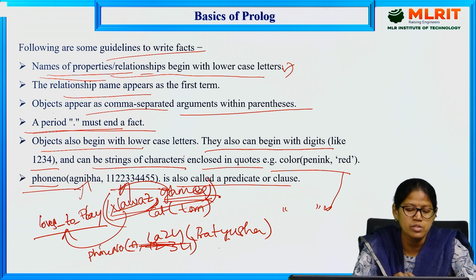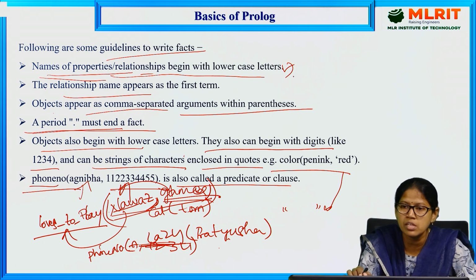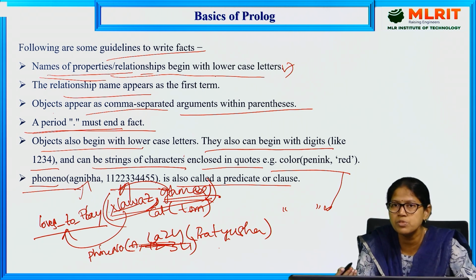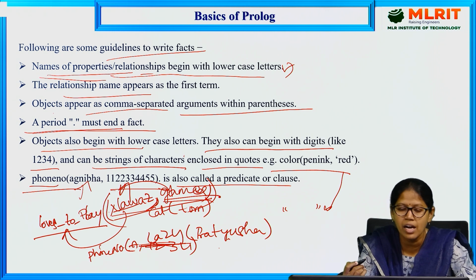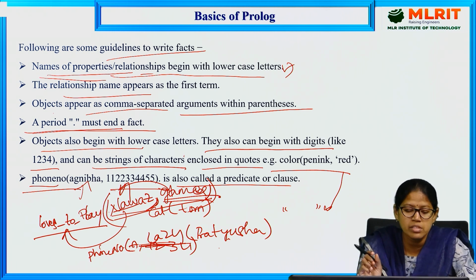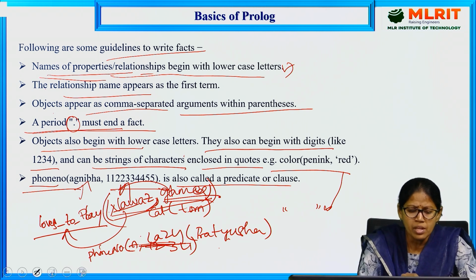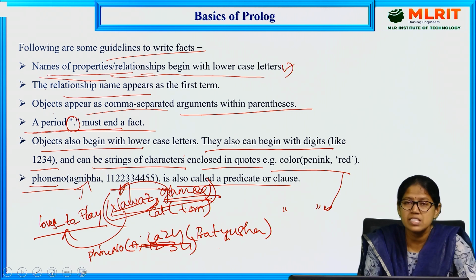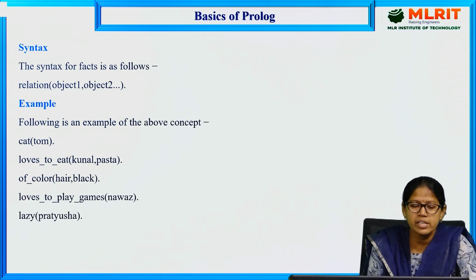Names or relationships start with lowercase letters, objects are separated with a comma, and the fact must end with a period or full stop, and objects appear comma separated. These are the guidelines to write the facts.